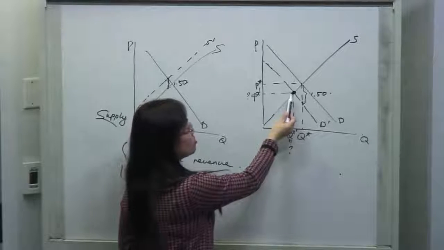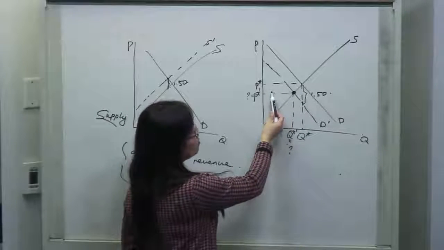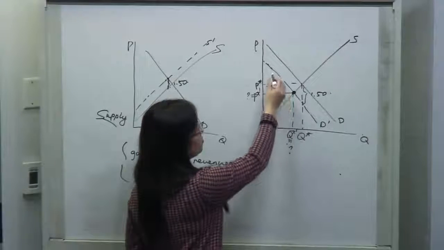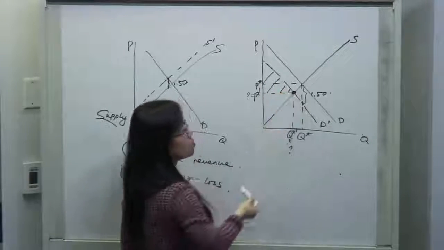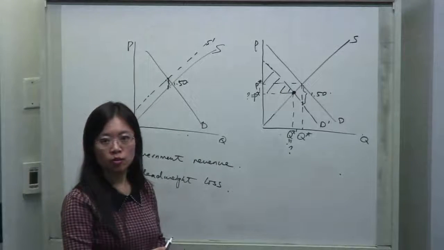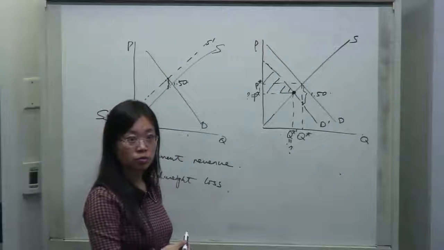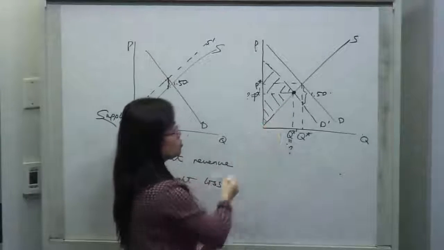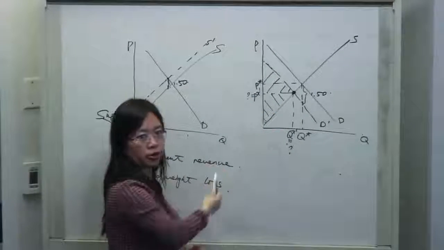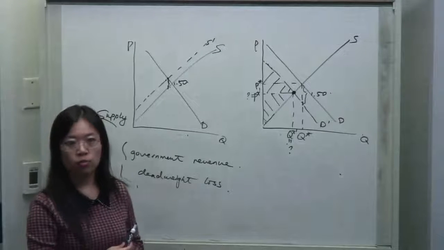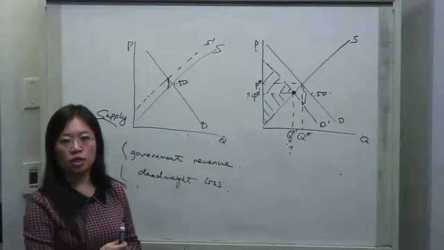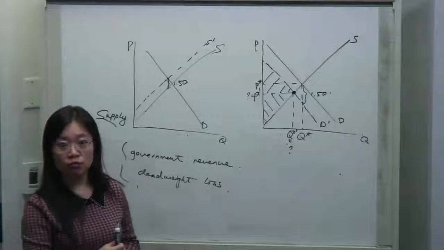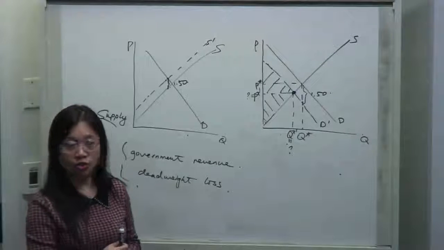To where? Up. That triangle. Right? Where about is producer surplus? But is this the social welfare? No. Because there is a government revenue, and we have to add government revenue into this picture.